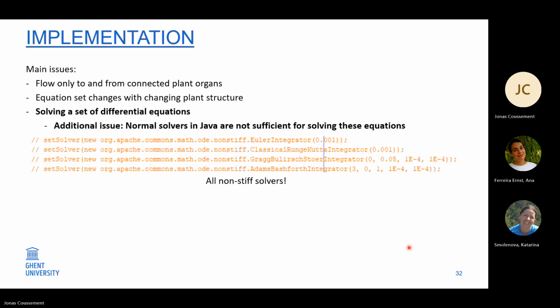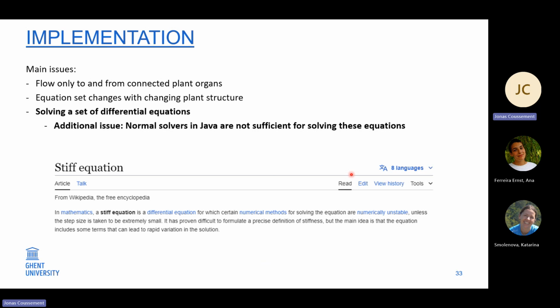And then there's an additional issue: this equation set is too complicated for the standard solvers in Java, because these are all non-stiff solvers. If you're not a mathematician like me, you might not know what a stiff problem is, so I added the Wikipedia definition, and it even says it's difficult to formulate a precise definition of stiffness.